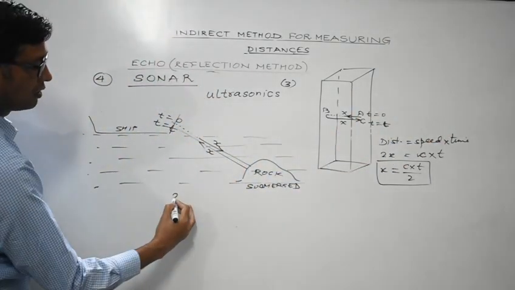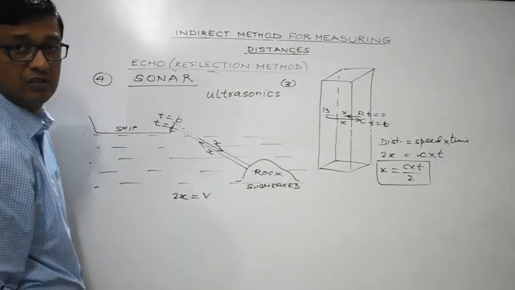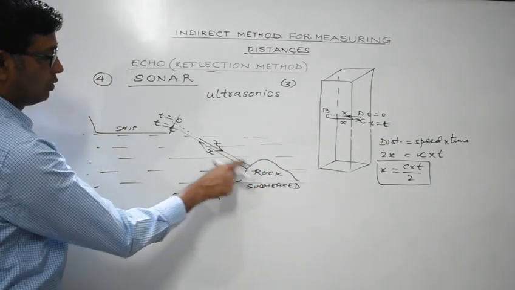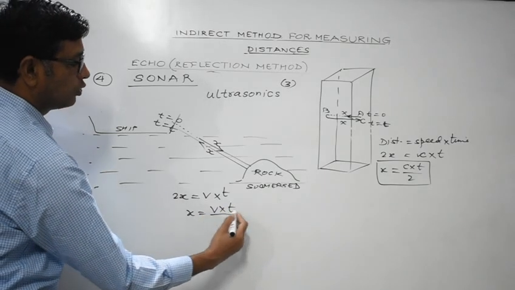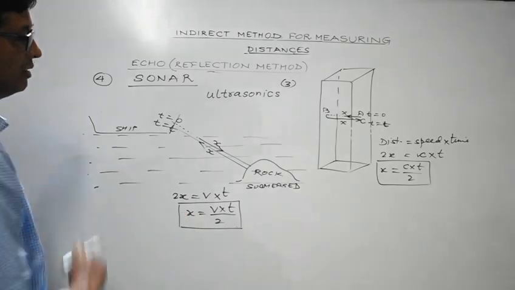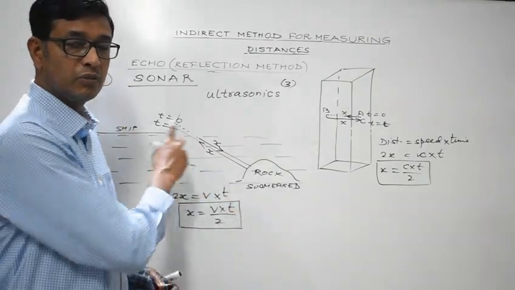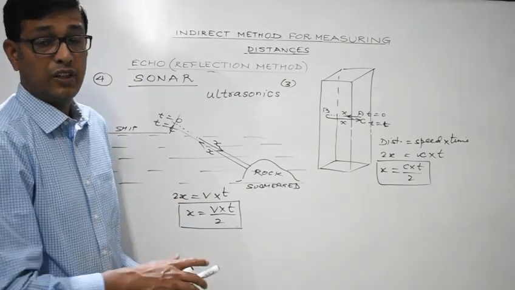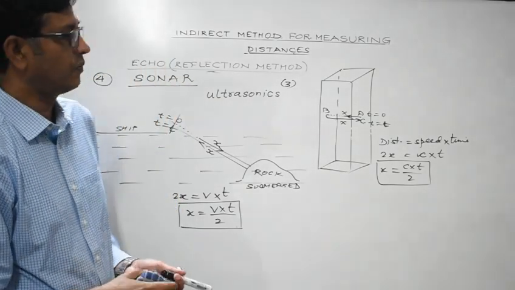Total distance covered is 2x. Speed with which the ultrasonic wave moves is v. It's not an electromagnetic wave, so its velocity is v. And total time is t. So again, x can be easily determined by using this formula. So x is the distance of that submerged rock or submarine from the ship. So this is again an indirect method which is very, very useful in the concept of sonar.